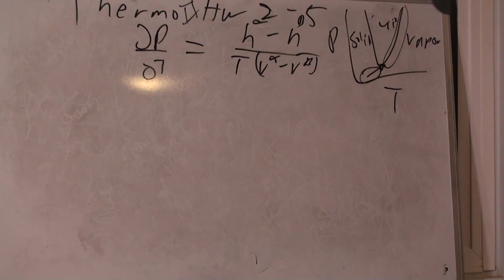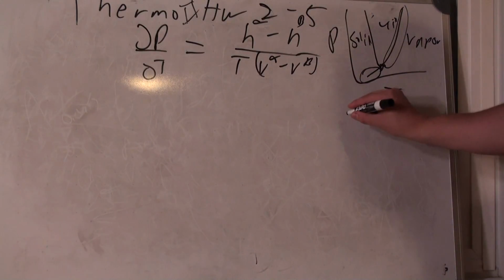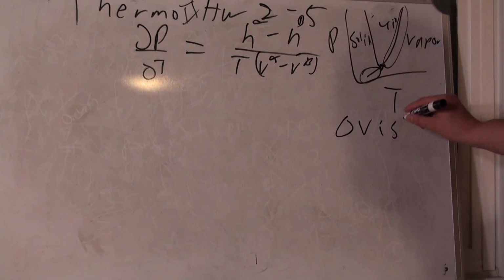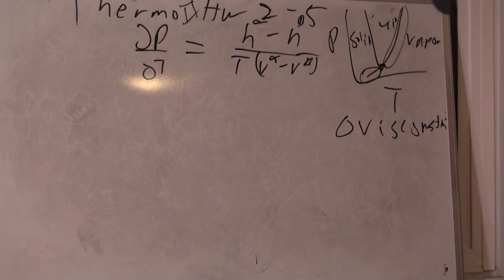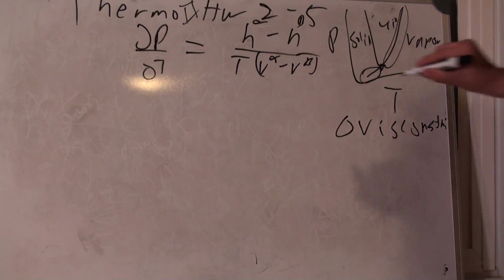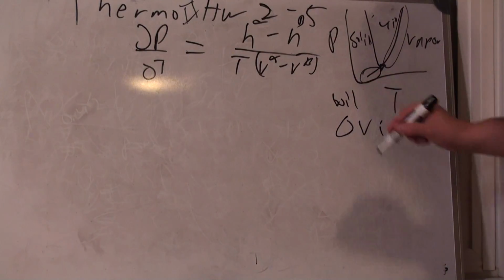I have my 4 assumptions that I can possibly have. One of them is that delta V is constant. Now, is delta V constant? Well, let's assume we're doing boiling.